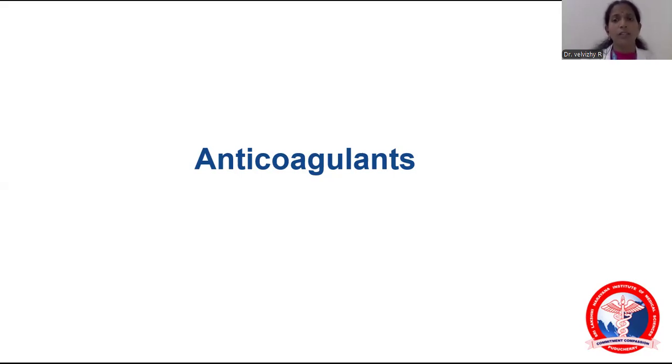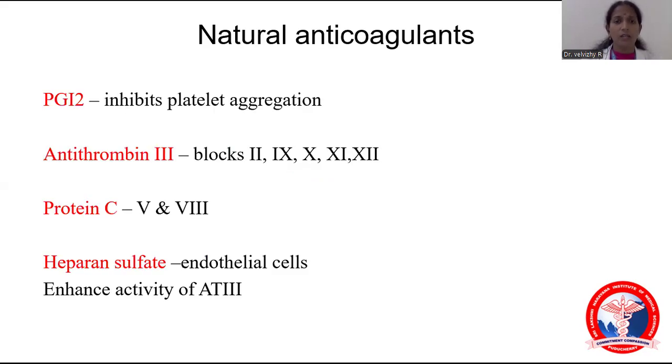Then we have anticoagulants. Among natural anticoagulants we have prostaglandin I2, which is also called prostacyclin. It inhibits platelet aggregation. Then we have antithrombin 3, a very important natural anticoagulant, because antithrombin 3 blocks factors 2, 9, 10, 11, and 12.